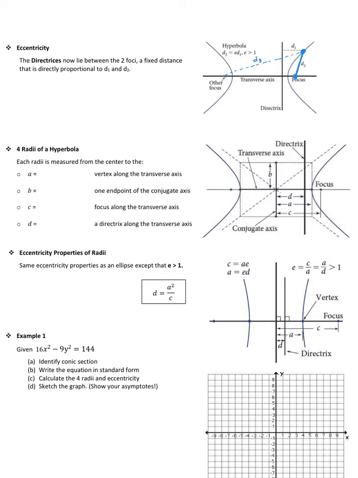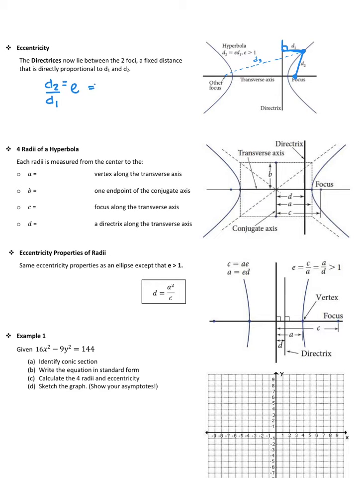That's what we use to describe the definition. D1 is always this perpendicular distance from a point on the graph to the directrix, to one of the directrices. The ratio of D2 to D1 is what identifies how eccentric your graph is, how wide it is, how narrow it is. So it's going to be that proportional pull.